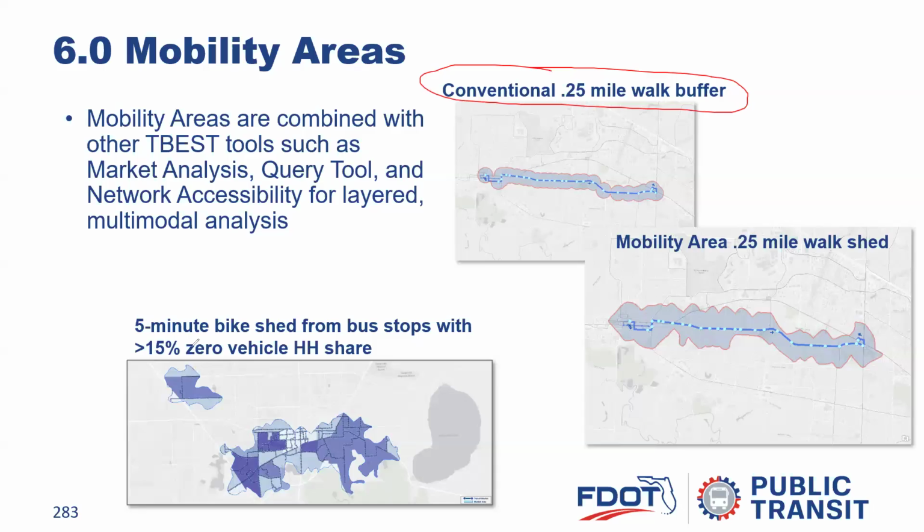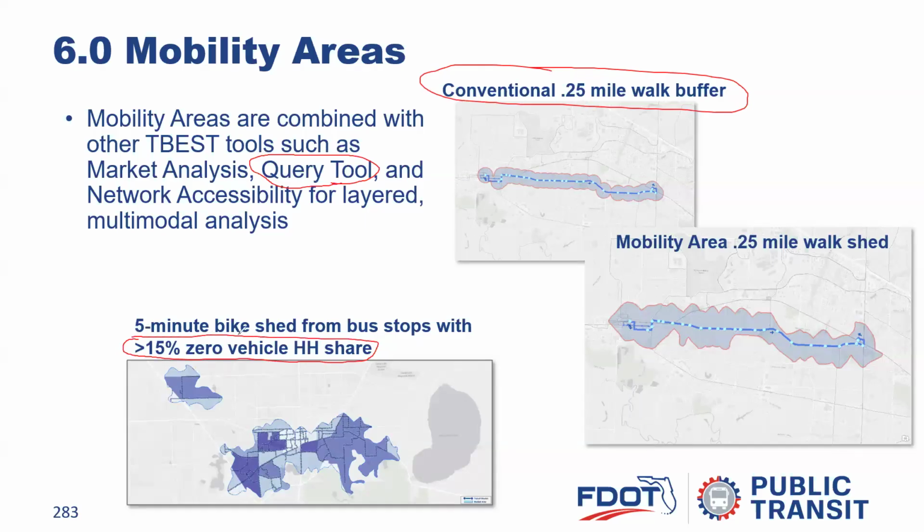So another example here is a 5-minute bike shed from bus stops with greater than 15% zero vehicle household share. What we did was we used the query tool, which we're going to cover in a little while, to select all those stops where they have a greater than 15% zero vehicle household share.